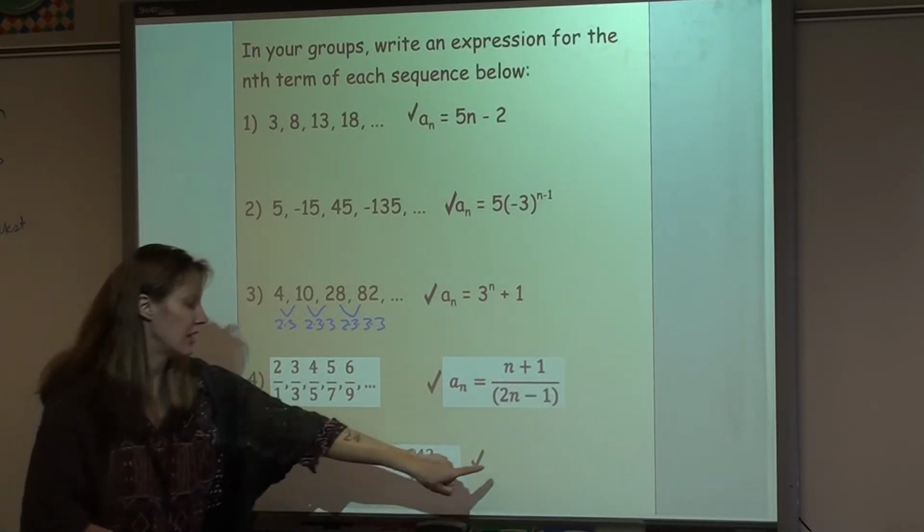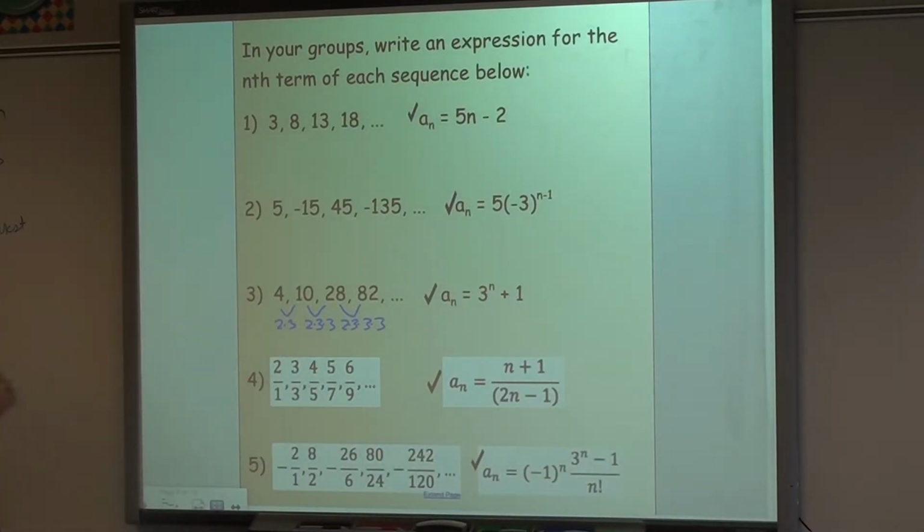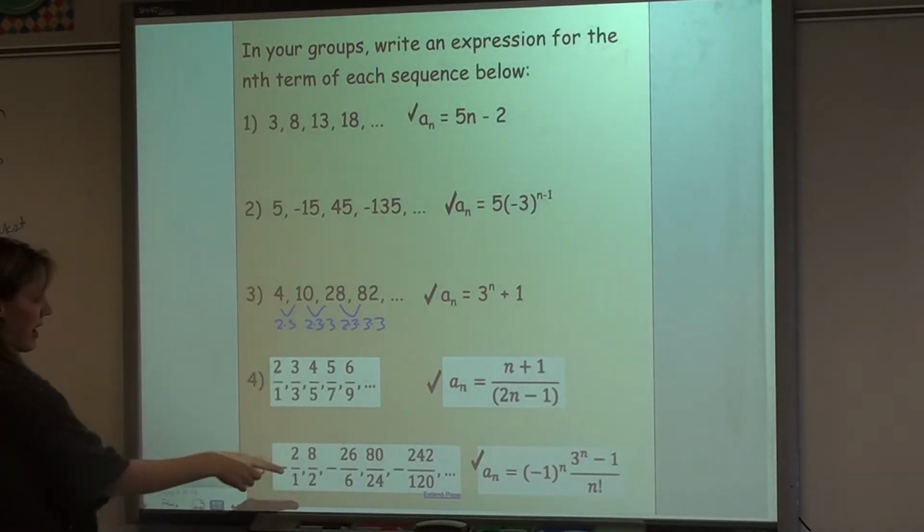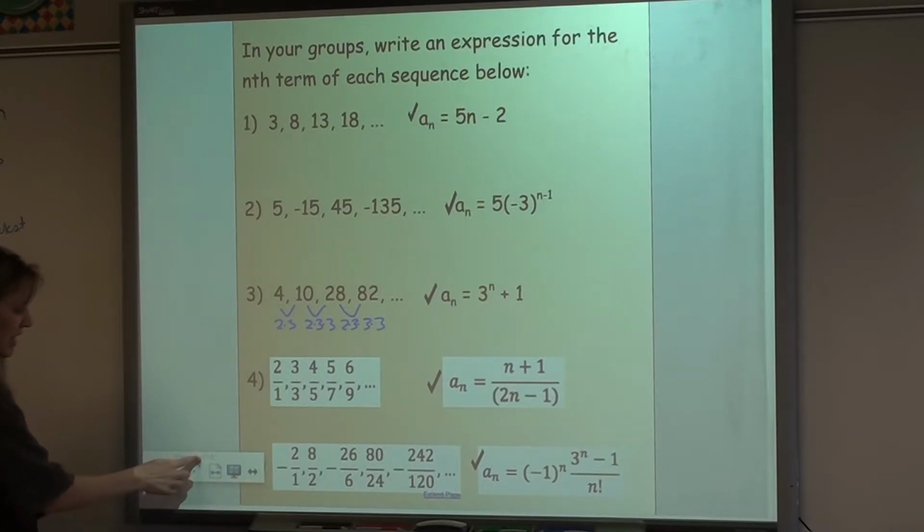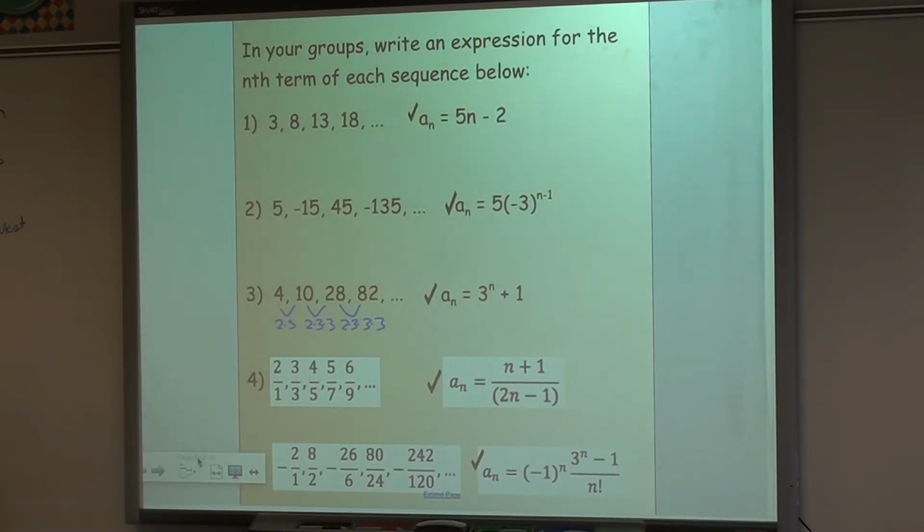A negative 1 to the n, right? Yeah, tricky. I don't know how these are going to appear in the future, but keep simple powers like 2, 3, 4 in the back of your mind if you're stuck.